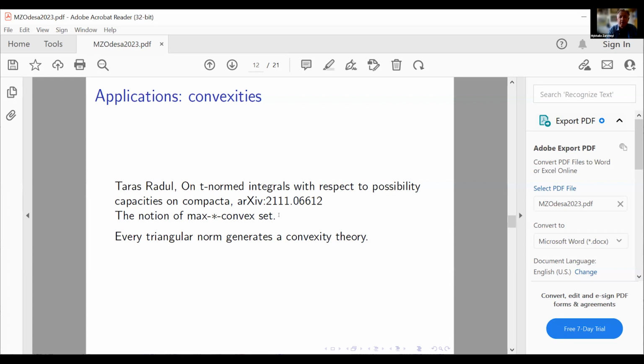They are the maximum plus convex sets, which are related to the so-called tropical convex sets, and there is a special area of mathematics called tropical geometry. Well, so briefly, every triangular norm generates a convexity theory.